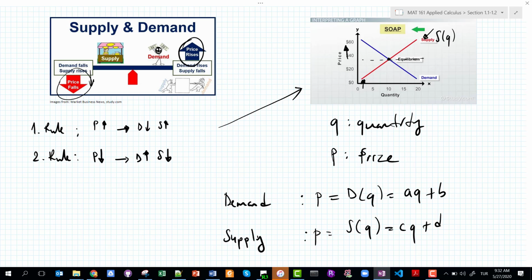That's why the equilibrium point is important, so that you can decide to buy or to sell some goods or to produce some goods. That's why the manufacturers or the suppliers need to know at least how much quantity is in the market or what the price is in the market to decide if they want to produce or if they want to sell the goods they have.